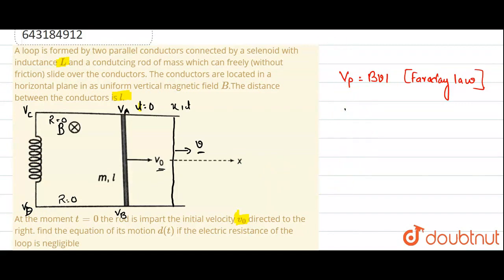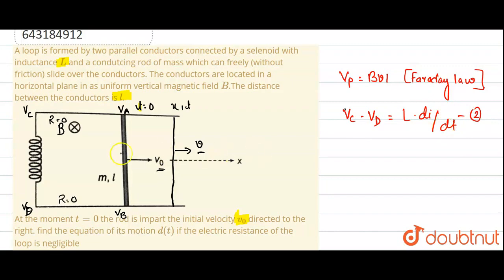So we know that from the inductor, Vc minus Vd is equal to L di by dt.